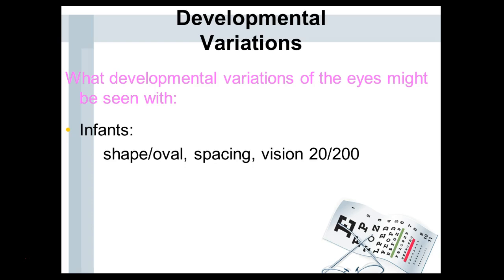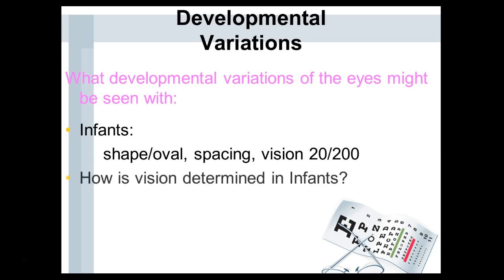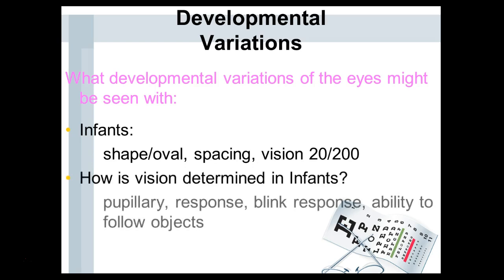They can really only see little shadows and things directly in front of them. Vision is typically determined in infants by their pupillary response, their blink response, and their ability to follow objects. It's not unusual for infants to have a transient strabismus, and it will go away as they learn to utilize their muscles and they learn how to focus their eyes.